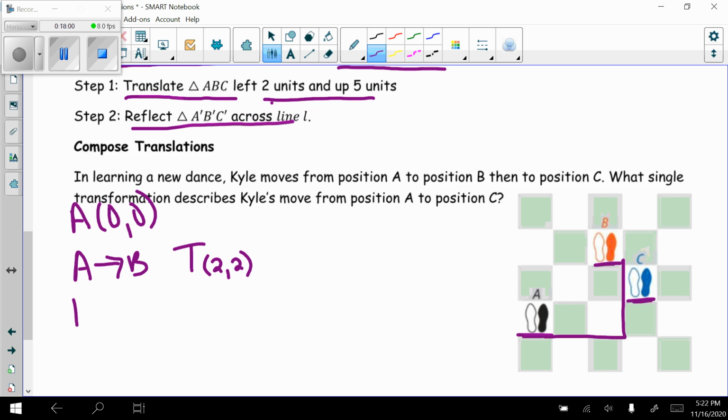Now to get from B to C, I notice that I'm going over 1, down 1. So my translation, again, I went to the right 1, so positive 1, and then down 1, negative 1.